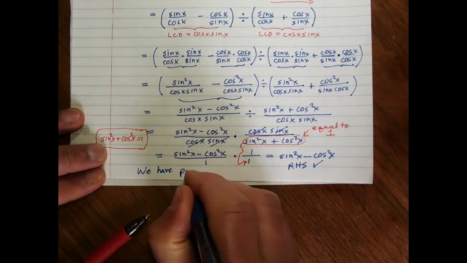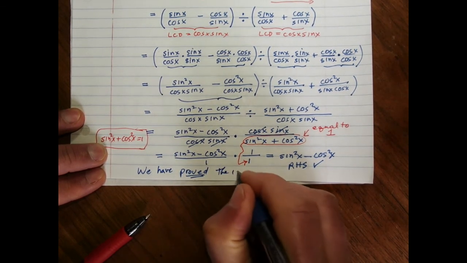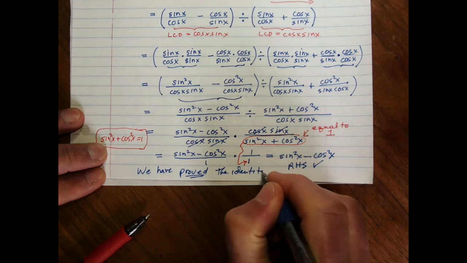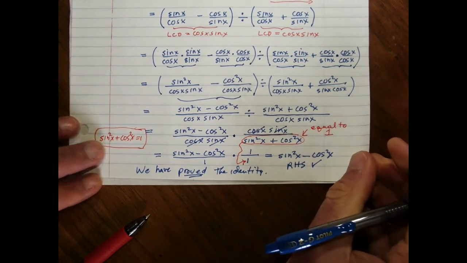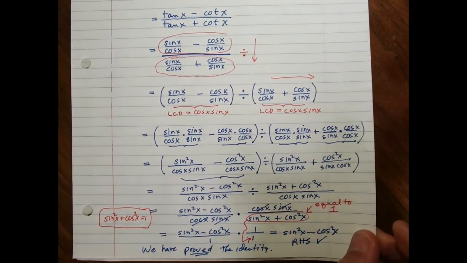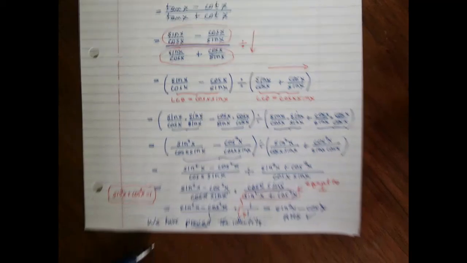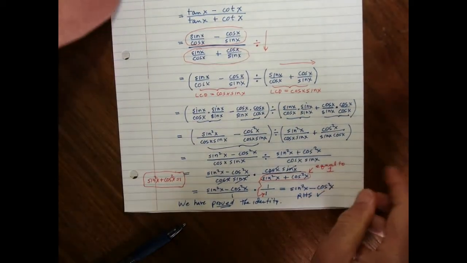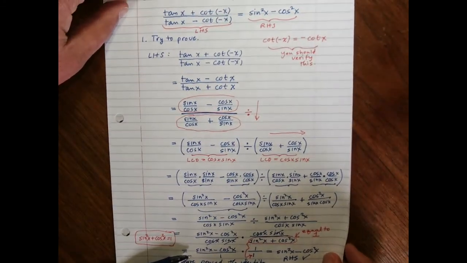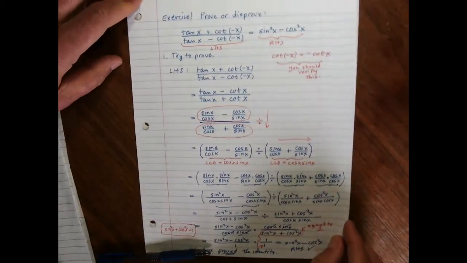We have proved the identity. So step 1 does it. We're totally through. This is exactly the same as verifying an identity. And I'm going to try to lift the camera a bit here so I can get the whole problem in a shot.